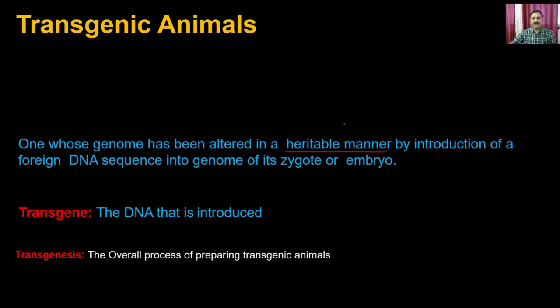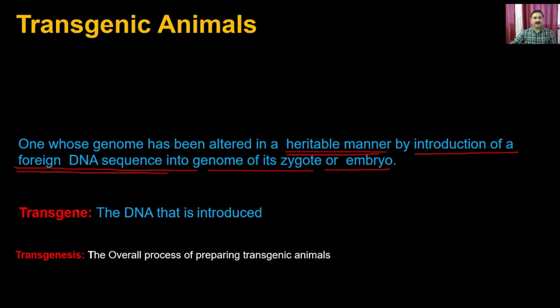If you want to do that, then you have to introduce the gene or the foreign DNA into the genome of its zygote or embryo, so that when the zygote or the embryo develops into the full organism, all the cells, the somatic cells as well as the germ cells, have the same genome, and these genomes carry this foreign DNA.